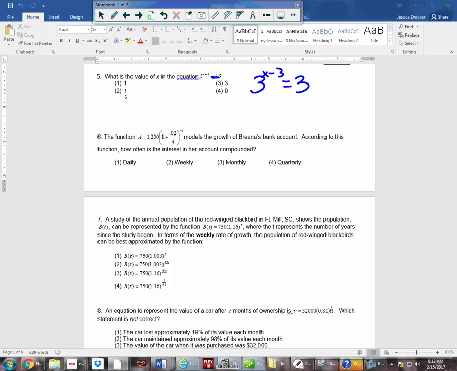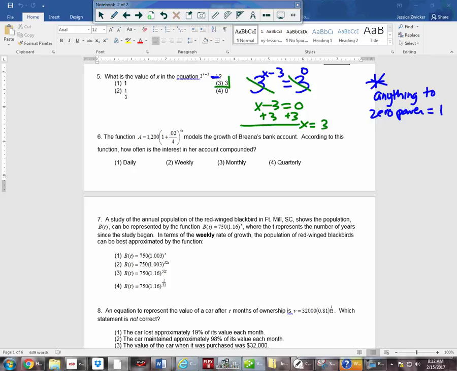I'm going to rewrite 1 as 3 to the 0 power because anything raised to the 0 power equals 1. So now if I have the same base and these two pieces are equal, that means the exponents must be equal. Cross out the bases and set up an equation setting the exponents equal to each other. Add 3 to both sides and you get x is equal to 3.